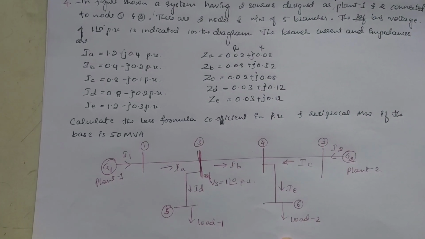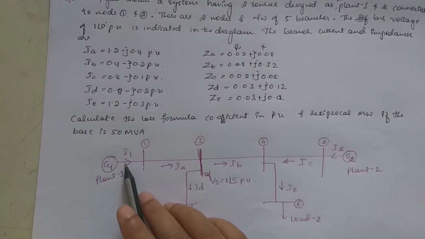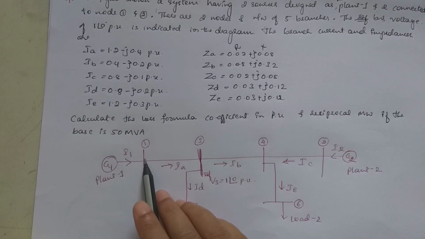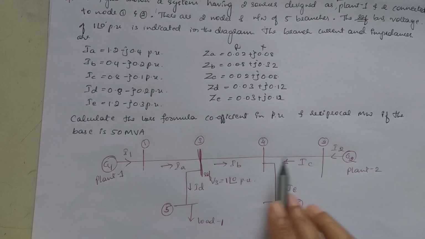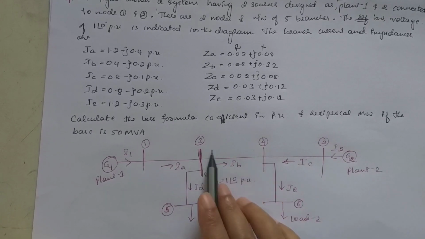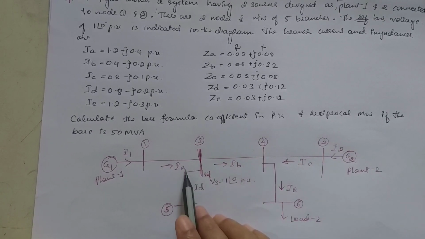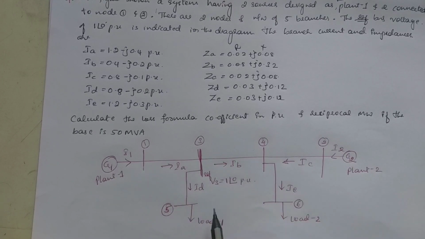Two plants are connected: one plant is connected to bus 1 and the other plant to bus 2. Buses 3 and 4 come in between 1 and 2. There are 5 branches: A, B, C, D, E. And to the 5th bus and the 6th bus, two loads, L1 and L2, are connected.